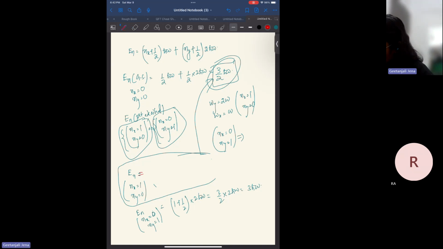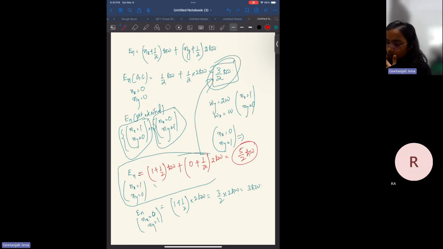Nx equal to 1, so it is 1 plus half h cut omega, and there is another term that I have not shown. Ny is 0, right? So this will be 0 plus half 2 h cut omega. So that means this is 5 by 2 h cut omega.